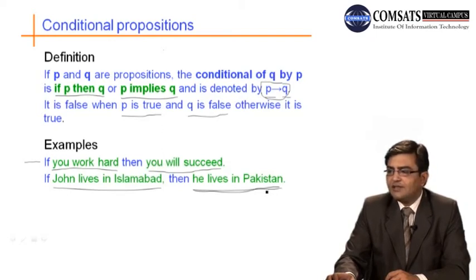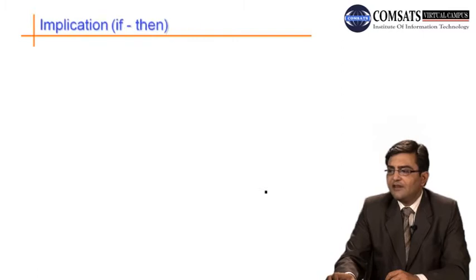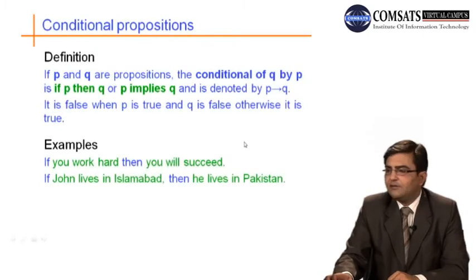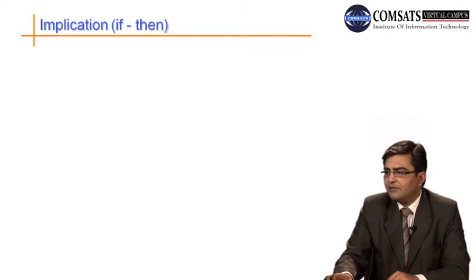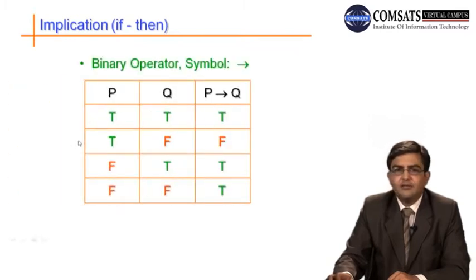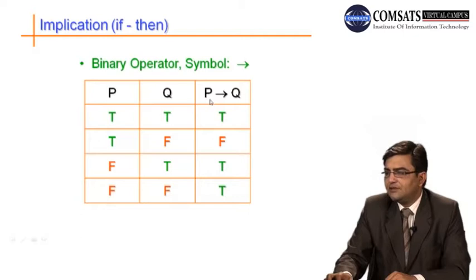The truth table of the conditional proposition if then is this. If we have two propositions P and Q, then the possibilities of the truth values of P and Q is true, true, false, false, and true, false, true, false. The conditional statement, or it is also said to be implication, P implies Q. Then we can see that if P is true and Q is true, then this conditional statement P implies Q is true.